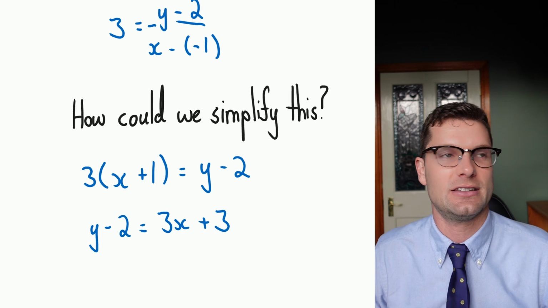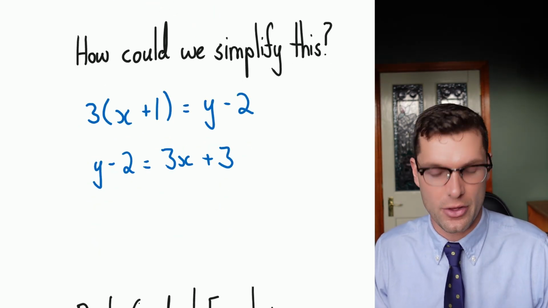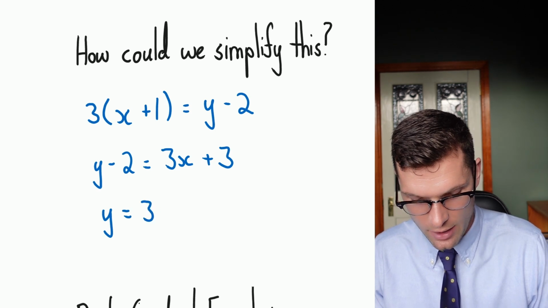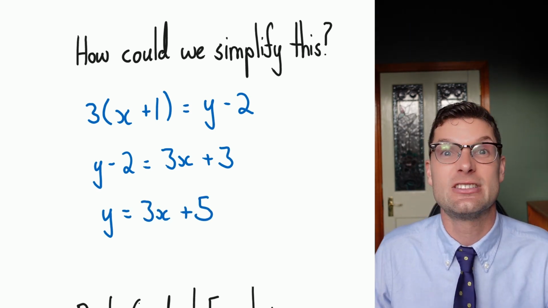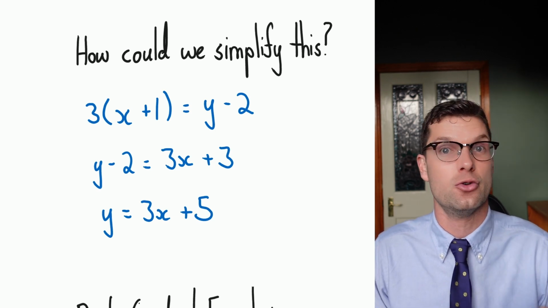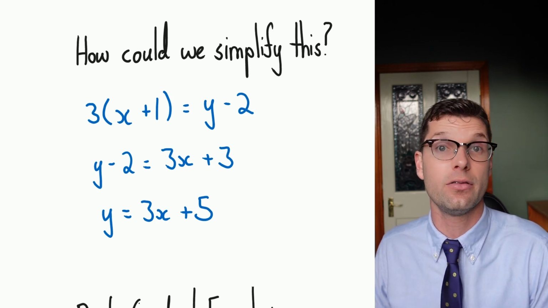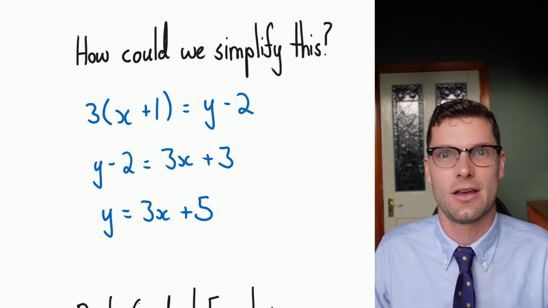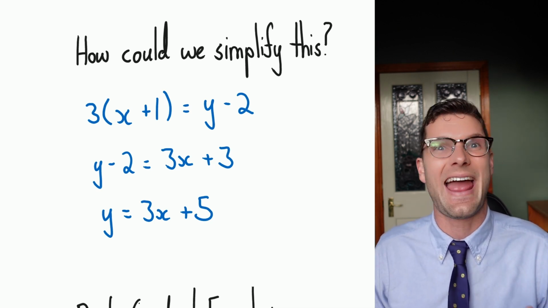Now to get y by itself, because that looks a little bit more simple, all I have to do is plus 2 to both sides, which gives y equals 3x minus 1. This now looks exactly like our normal form. We've got y is equal to 3x, or the gradient multiplied by x, plus a constant, which we know is the y-intercept. So now we've got the full equation of a line just from 1 point and the gradient.